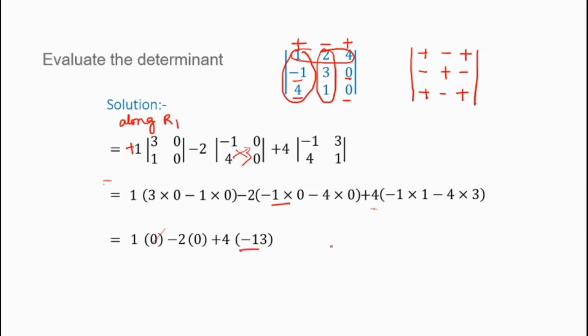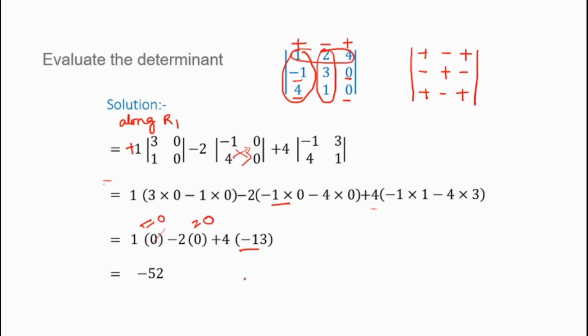So minus 13 into 4 is minus 52. So here we have expanded along row 1.